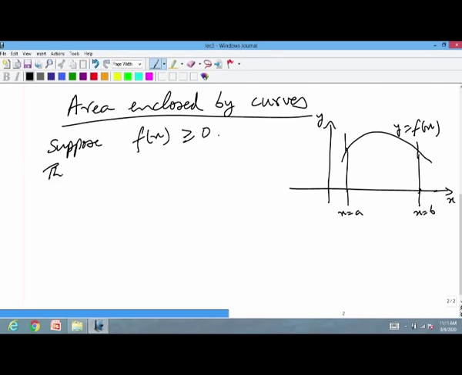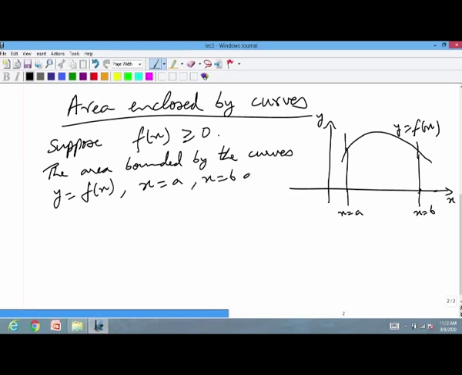So, the area bounded by the curve y equal to f(x), the lines x equal to a, x equal to b, and the x axis is given by the definite integral from a to b of f(x) dx.